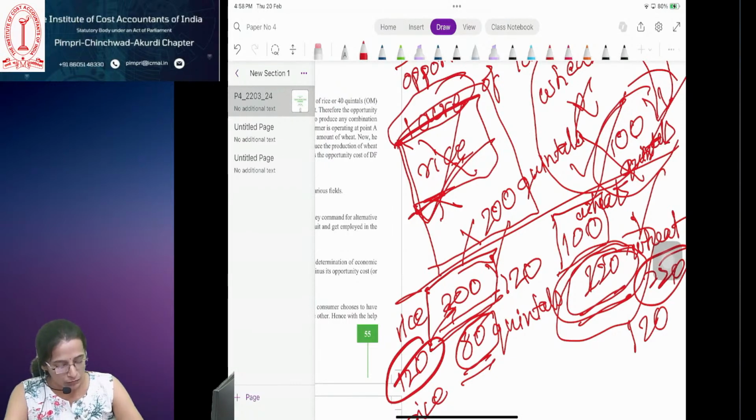Forgone means we could not produce that much. Previously we were producing 200, now 80, so there is a decrease of 120. To increase wheat to 220, we had to decrease rice by 120, that is, we had to forego 120. So the 120 quintals of rice is the opportunity cost for producing 220 quintals of wheat.